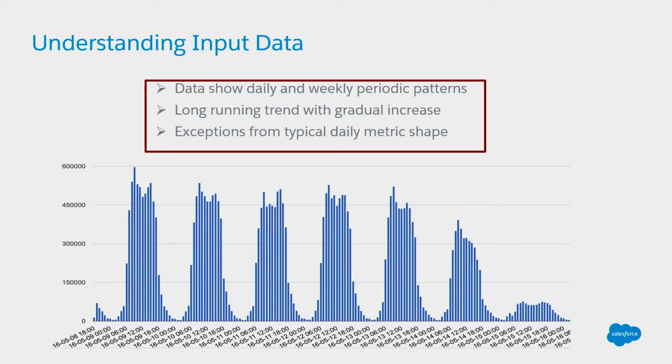You're trying to find out if there are some long-running trends, so that if your system performance data show that the load is slowly increasing, you are trying to find out the actual rate of the increase. And if you are monitoring the load, you are also trying to find out if there is any exception, if something is not typical for a particular data shape for a particular metric.